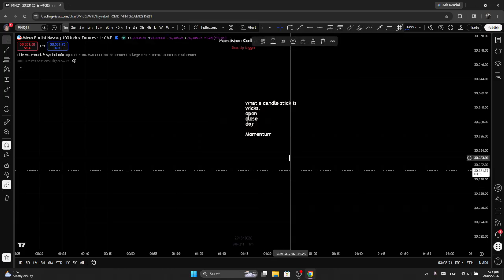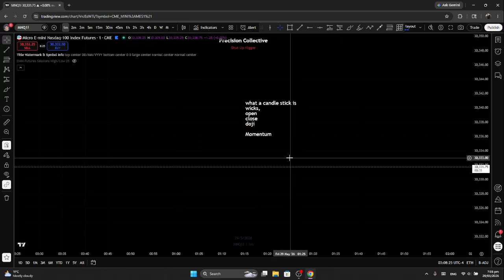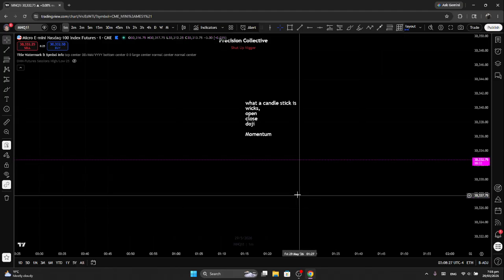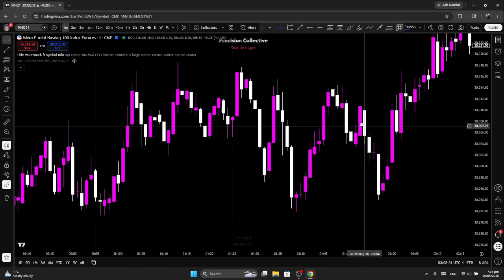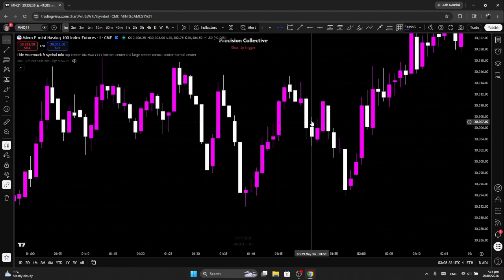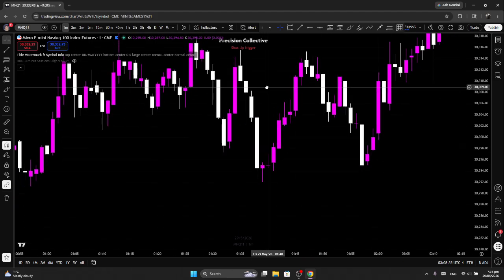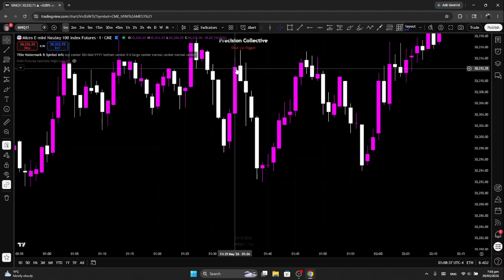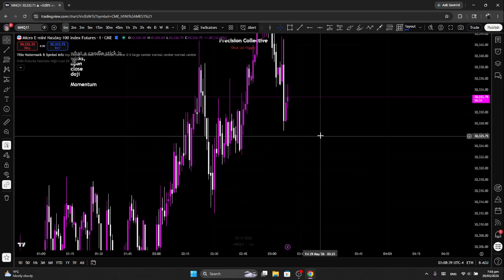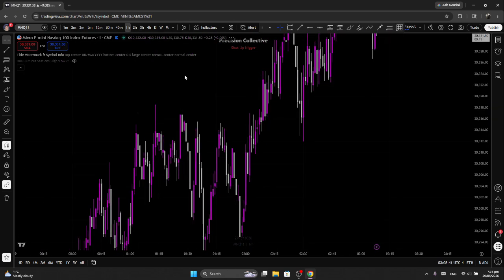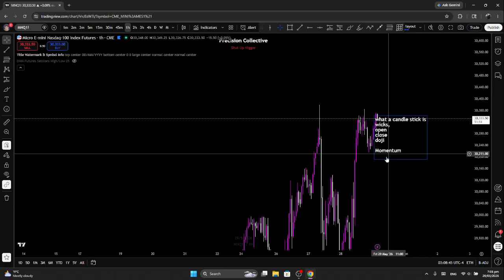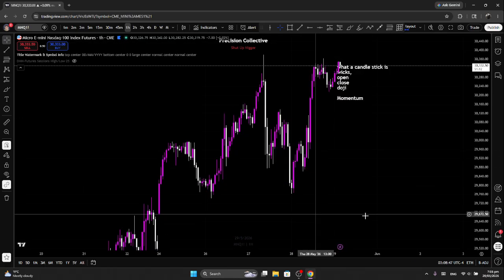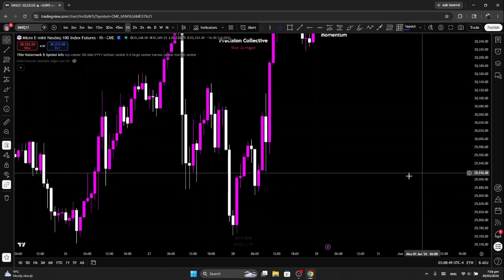How do we know that a candle is going to have momentum? Well, see how these candles, let me go to a good example. Let me go into a really good example here. There we go. On the 1 hour.